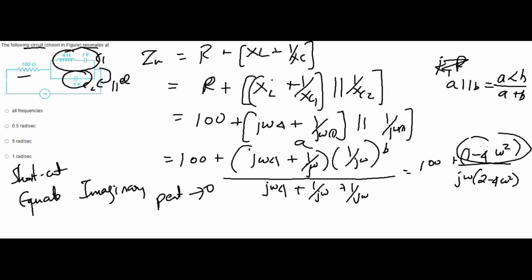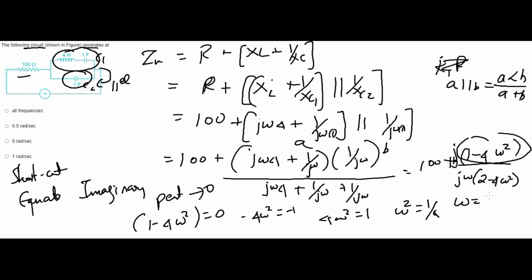I forgot the j here, but the denominator no need to consider. So 1 minus 4 omega square is equal to 0, so 4 omega square is equal to 1. Omega square is equal to 1 divided by 4. So omega is equal to 1 divided by 2, that is 0.5 radians per second. The unit of omega is radians per second, so never forget this.